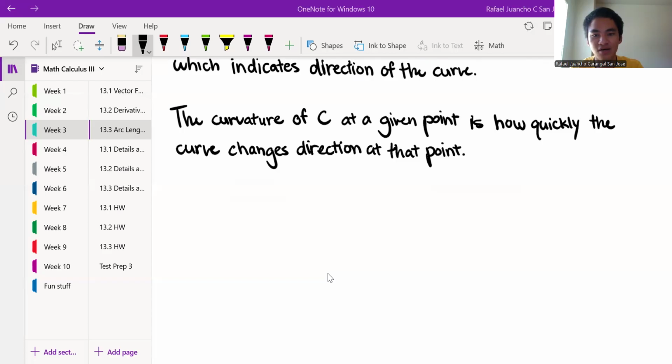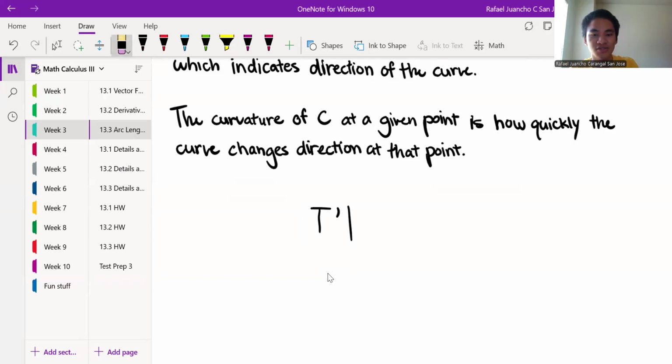So to find the curvature, we need to find the magnitude of the rate of change of the unit tangent vector, T, so we're taking its derivative, and its magnitude, right? And it has to be with respect to arc length.